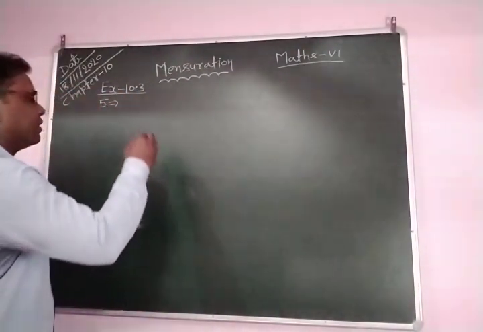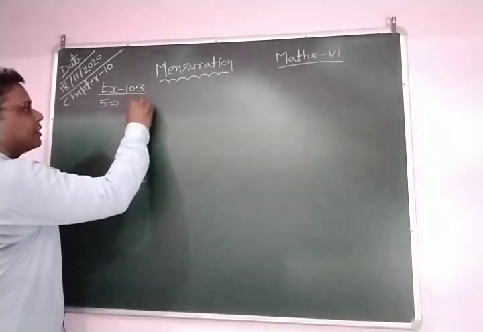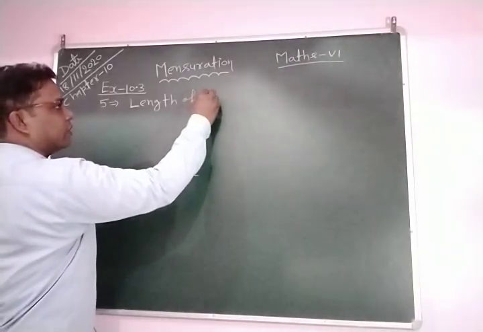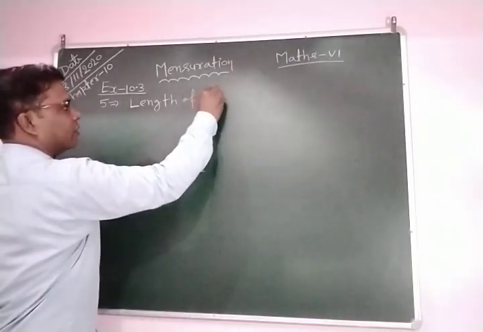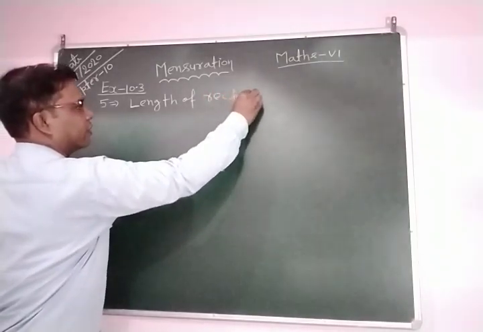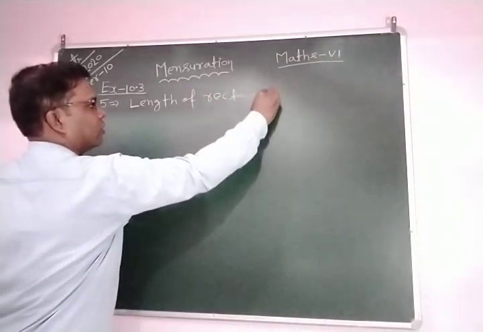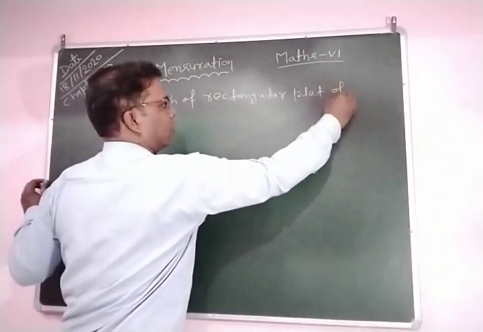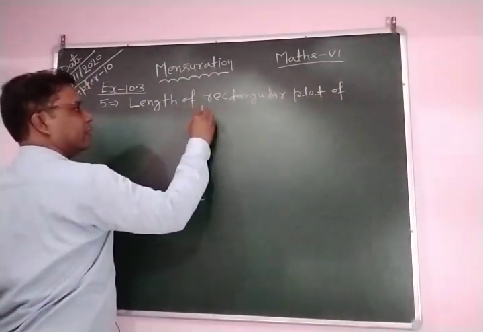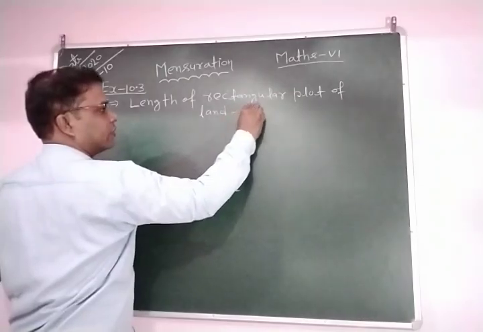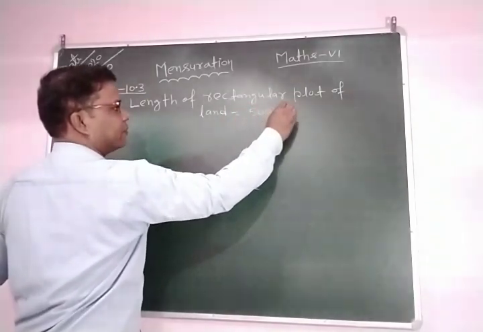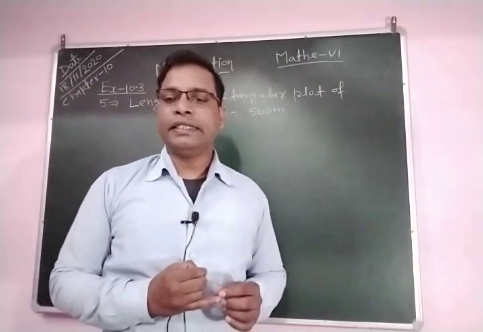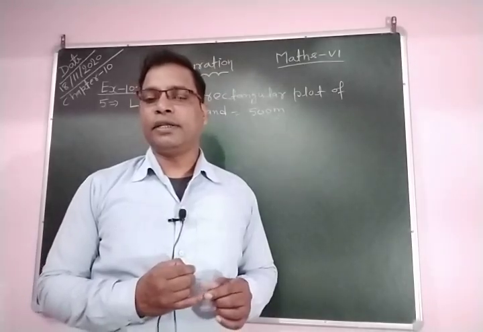The length of the rectangular plot of land is given as 500 meters.